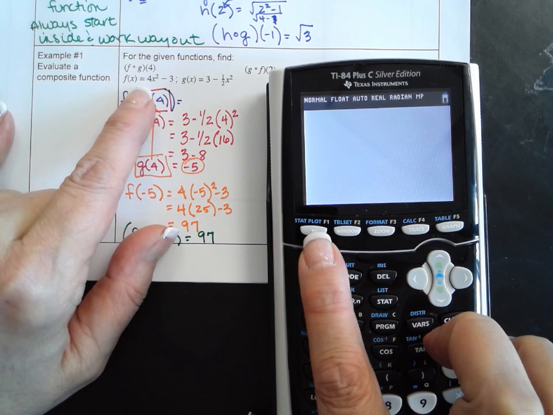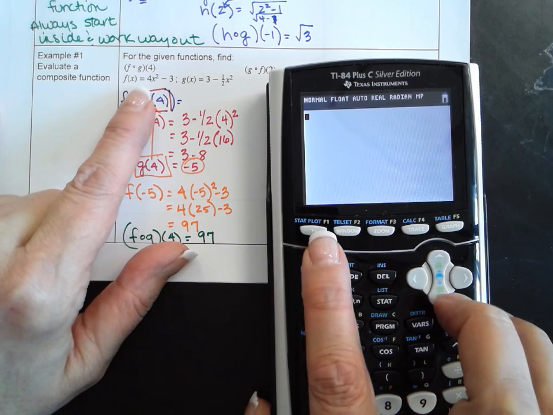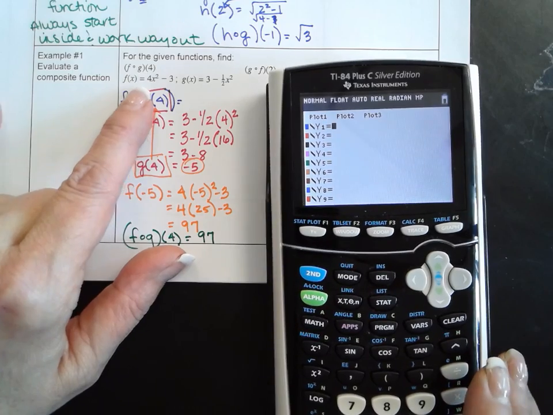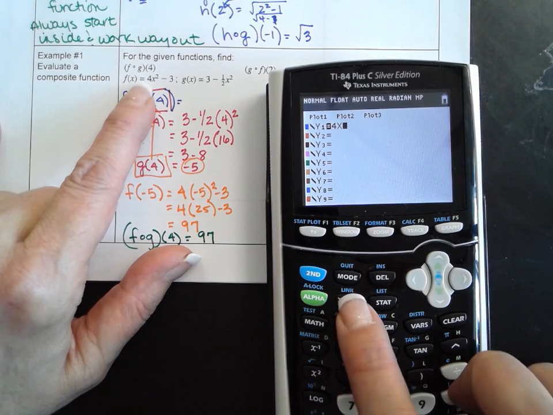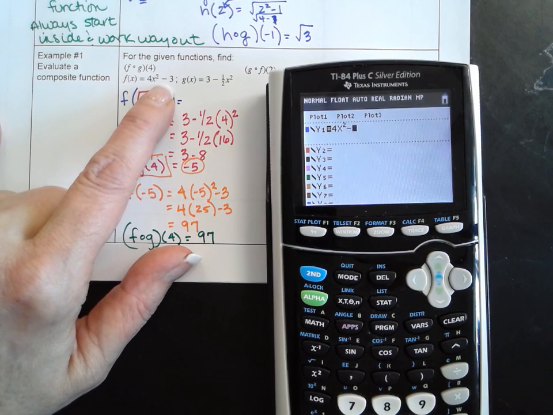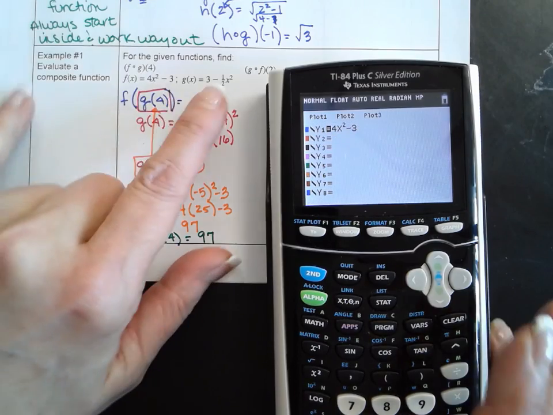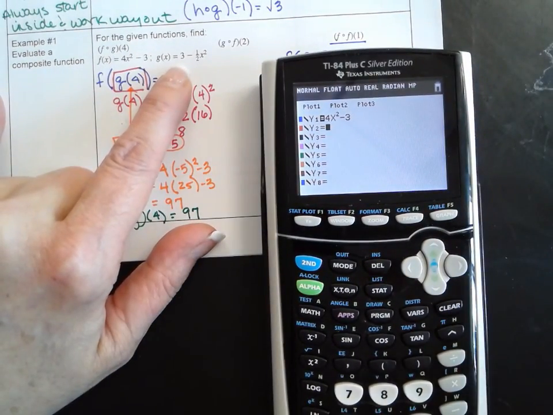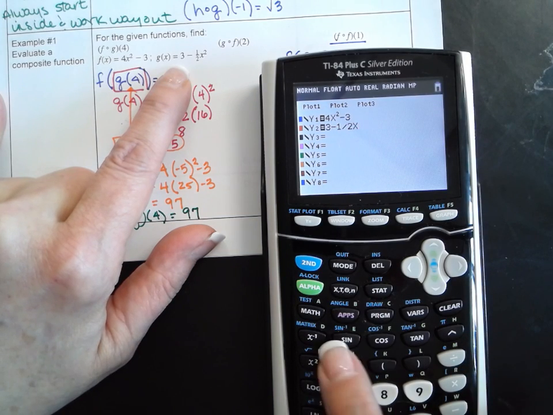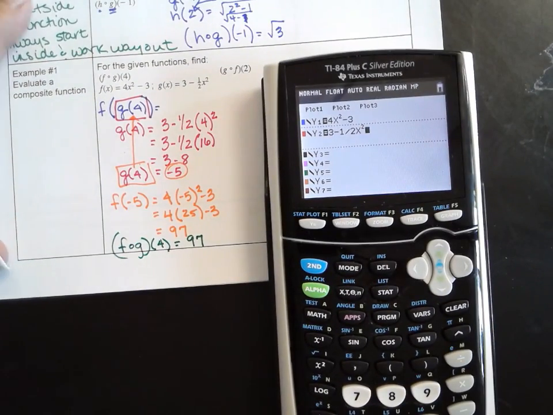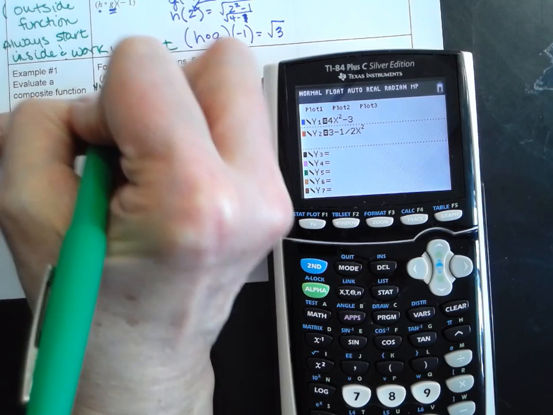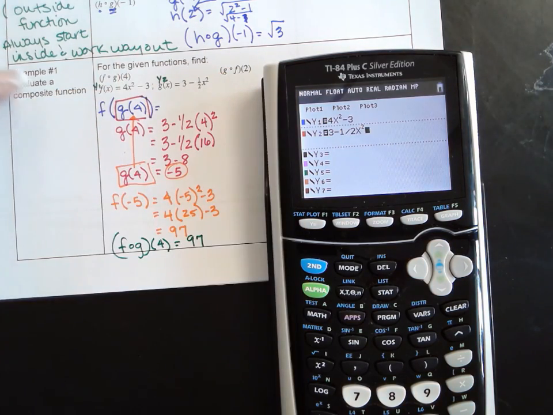Basically f of x is the same as a y equals, right? So I'm going to enter f of x for y1. So I have 4x squared minus 3. And then I'm going to make g of x y2, so 3 minus 1/2 x squared. Everybody with me on that? So this is y1, that one's my y2.